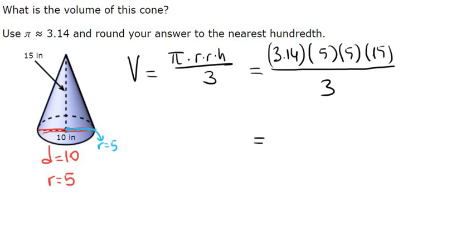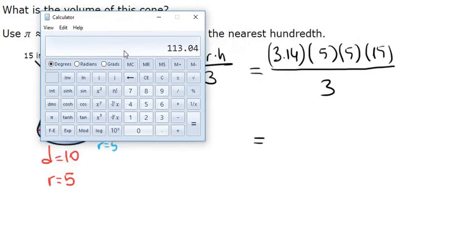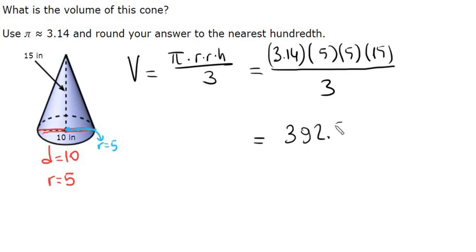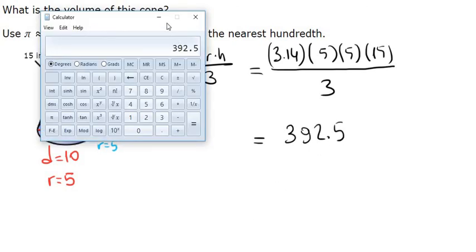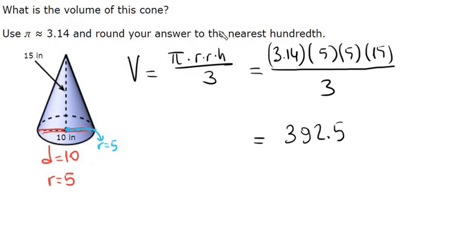Okay, so let's find 3.14 multiplied by 5, and then multiply by 5, and then multiply by 15, and we're going to divide this by 3. That's going to be 392.5 cubic inches.